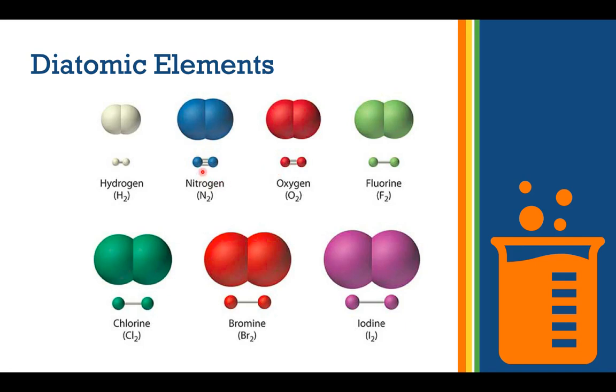Or 3 bonds, 1, 2, 3, called a triple bond. Think of a triple-decker bus that you see in movies on touring in Europe. So there are 2 atoms which are connected. They are diatomic and bonded together, and that is a natural occurrence in the universe.